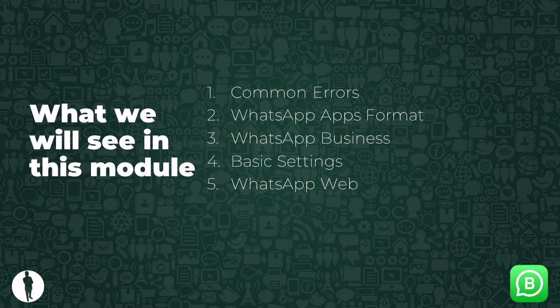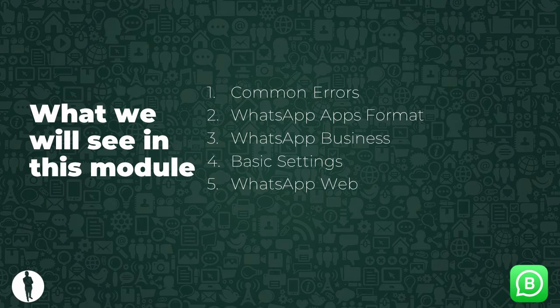The second one, we are going to see the formats of WhatsApp apps today, the official apps. Third, we are going to talk a little bit about WhatsApp Business, which we are going to use a lot, and we are going to do our success track here in our course. Fourth, what are the basic configurations so that you can extract the maximum from your device.